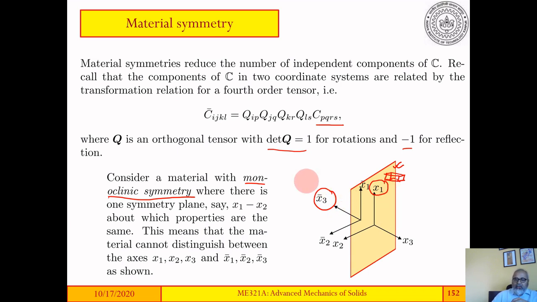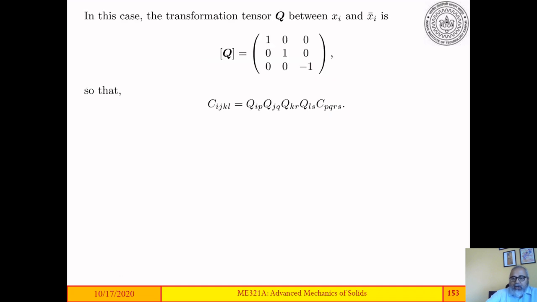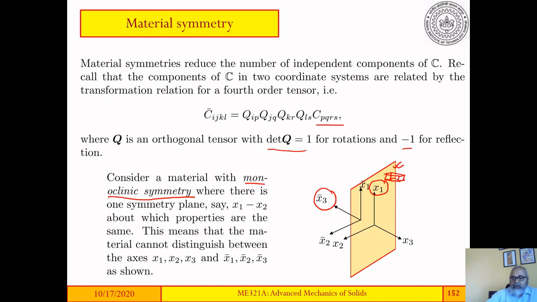So when we do this for monoclinic symmetry, where there is only one plane of symmetry in the material, this is how it should be. So the Q in this case obviously is easy to determine. x1 and x1 bar are the same, so the angle between them is 0. Cos 0 is 1, x2, x2 bar is 1, and x3, x3 bar, the angle between them is pi, and cos pi is -1.